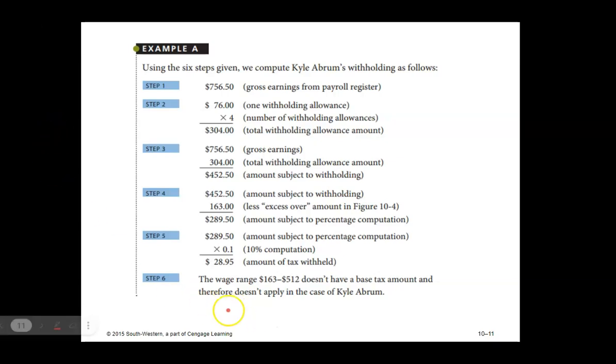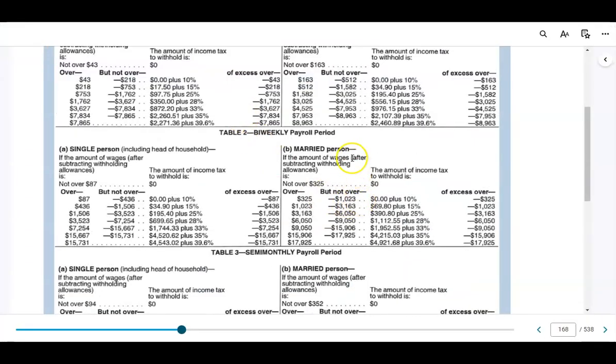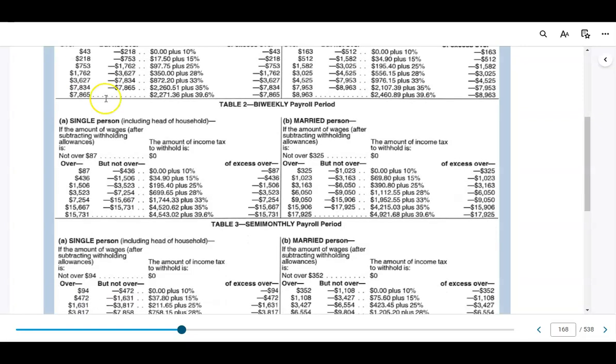Okay, and then for step 6, it said the wage range of $163 to $512 doesn't have a base tax amount and therefore doesn't apply in the case of Kyle Abram. And so that's where I mentioned, if he had actually made over $512 as was subject to withholding, then he would have had to pay $69.80 plus 15% of everything over this.